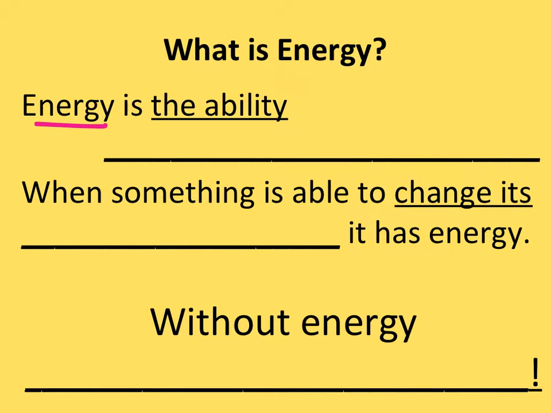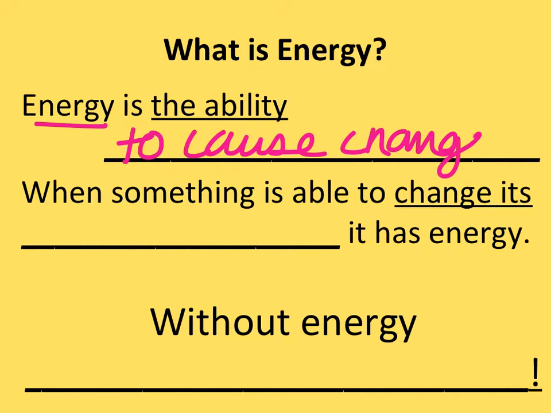So let's start with our official definition here. What is energy? Energy is the ability to cause change. And when we think about this change, it could be in a substance or its surroundings. We're seeing change around us all the time, and that's because energy exists.